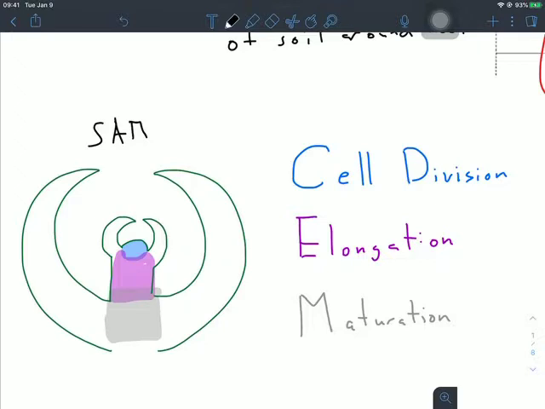You've got elongation occurring behind that, helping cells grow long and propel the surface so that the plant can grow tall. And then you've got a region of maturation behind that, where cells occupy their final function and mature into their three different plant tissues: the epidermis, the ground tissue, and our vascular tissue, comprised of both phloem and xylem. Xylem in the middle, phloem on the outside. Xylem, dead pipes; phloem, living sugar movers.